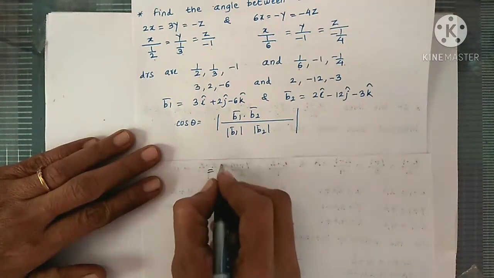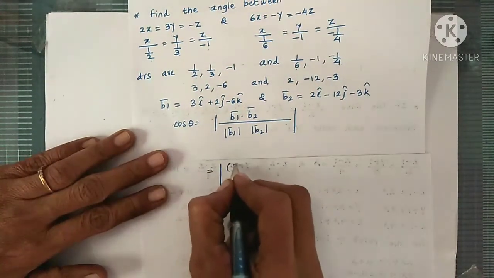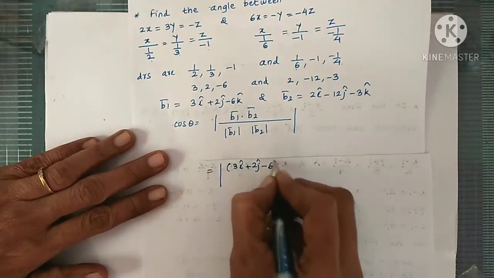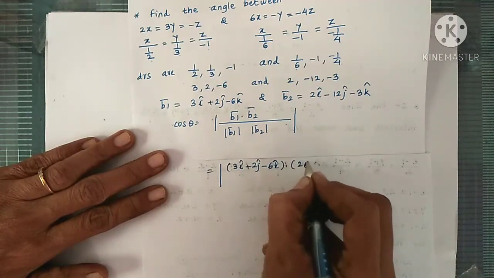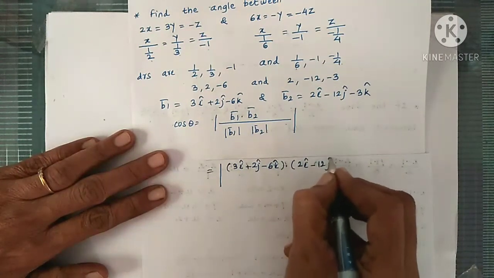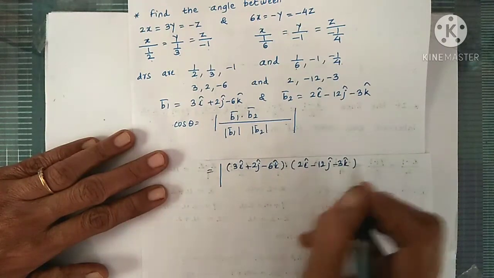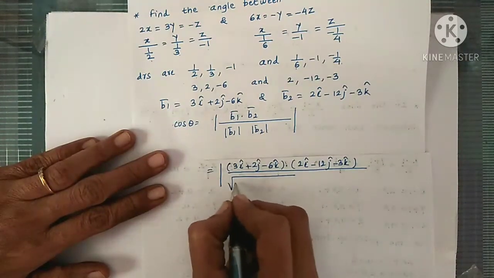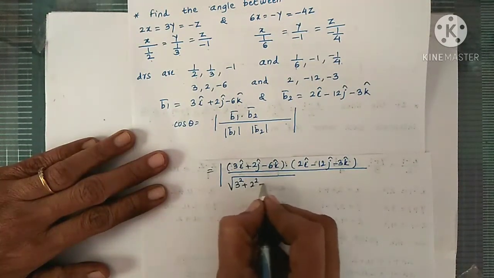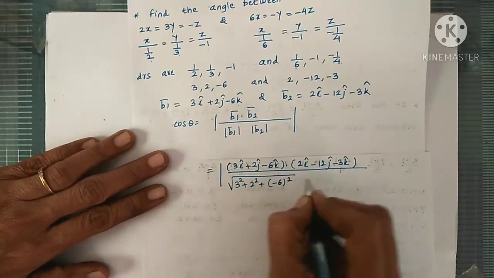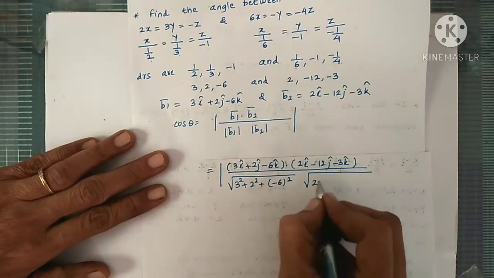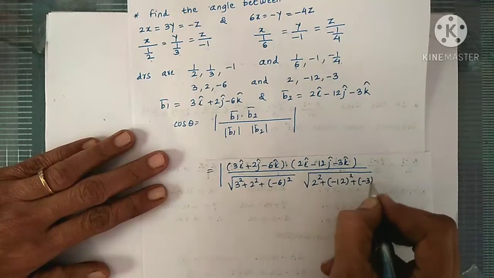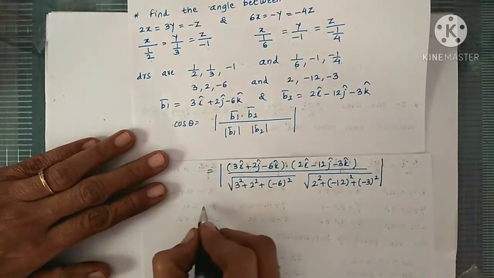Let's write the vectors first and then the simplification. 3i cap plus 2j cap minus 6k cap dot 2i cap minus 12j cap minus 3k cap, divided by root of 3 square plus 2 square plus minus 6 square, root of 2 square plus minus 12 square plus minus 3 square.